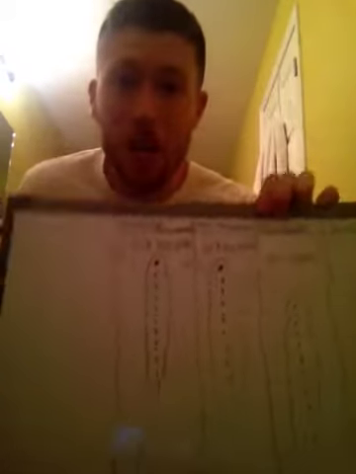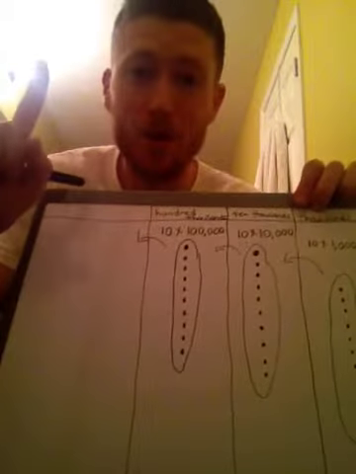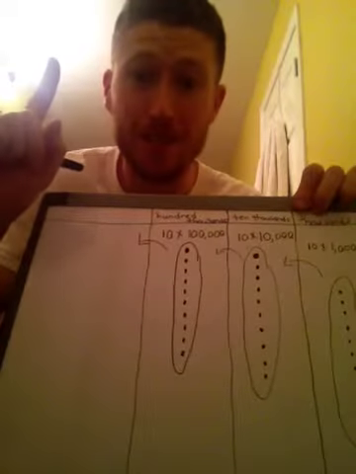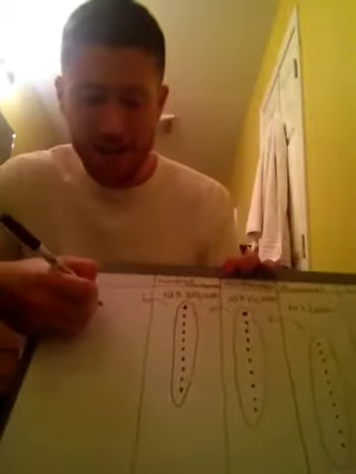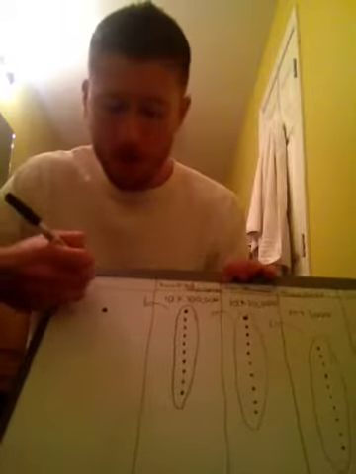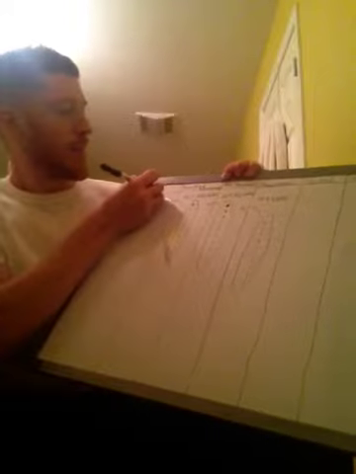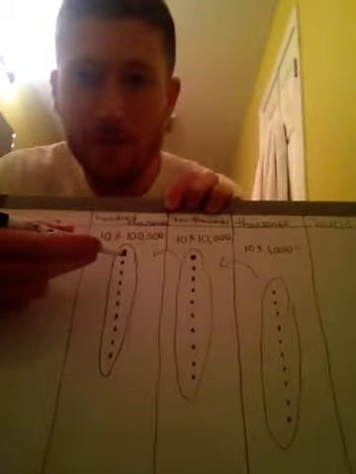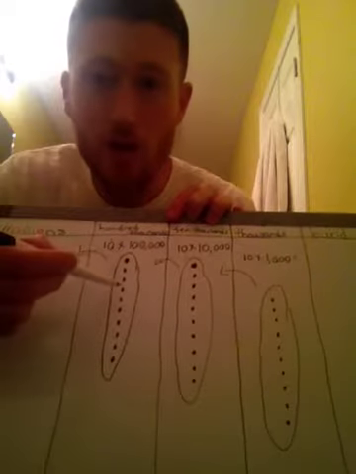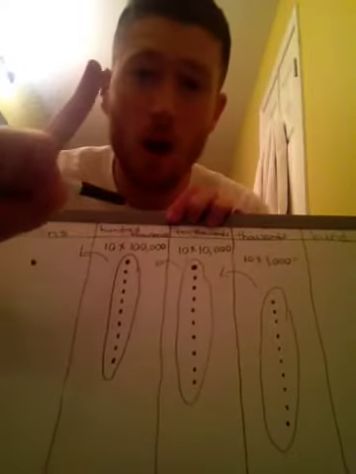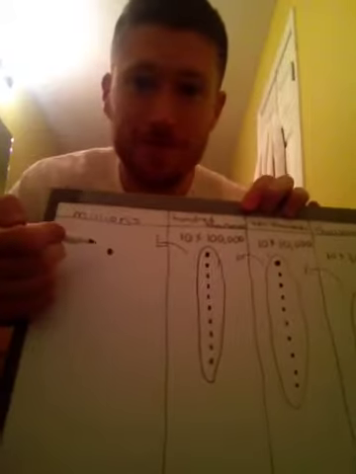It's actually 1 million. We have made it to the millions place. So 1 million is 10 times as many as 100,000. So it takes 10 100,000s to make 1 million.